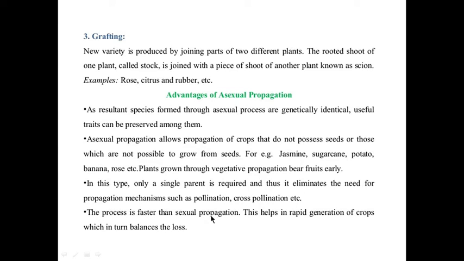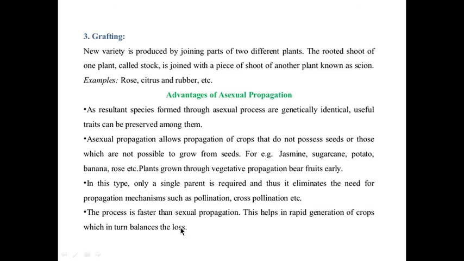The process is faster than sexual propagation, and helps in rapid generation of crops, which in turn balances the loss. In the case of the sexual propagation method, there is pollination, cross pollination, and after that seed germination. When the seeds are sown for germination, most of the seeds undergo a dormant period, and the dormant period may be longer for many seeds.